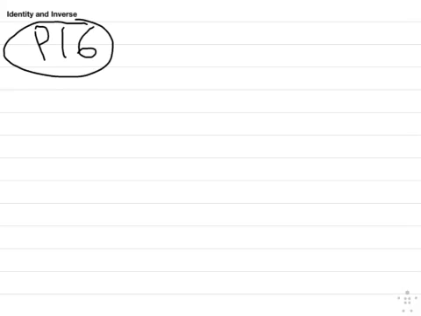Identity means, and these are properties of an operation. So let's talk about addition. We're talking about regular numbers that you're used to, real numbers, right?